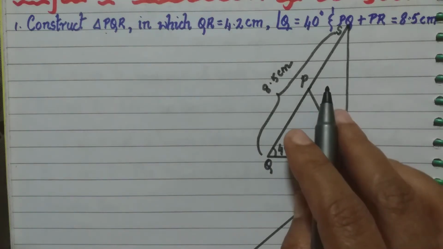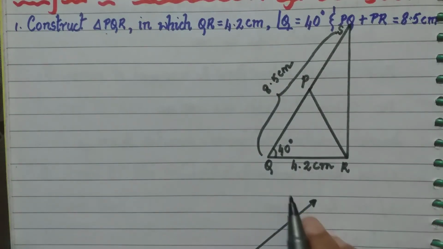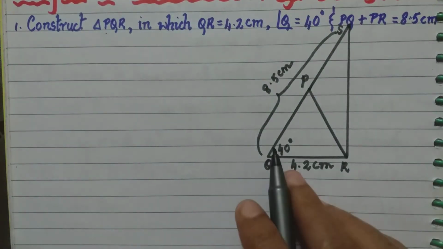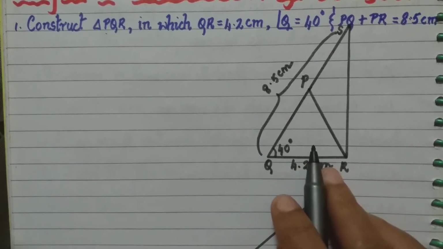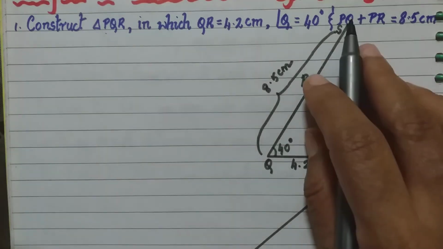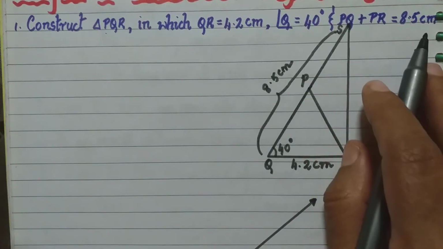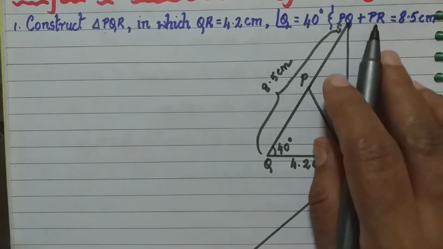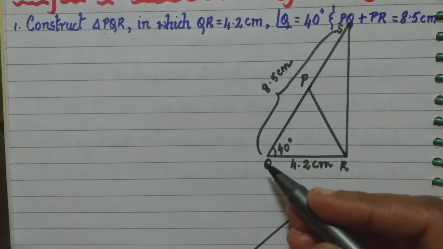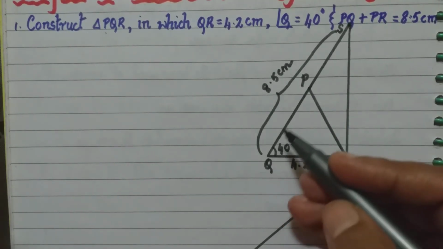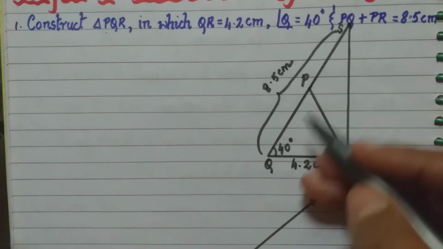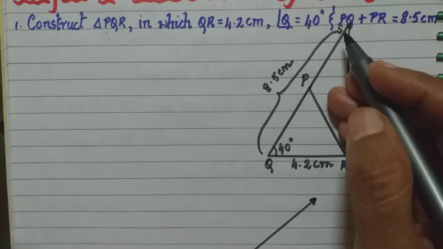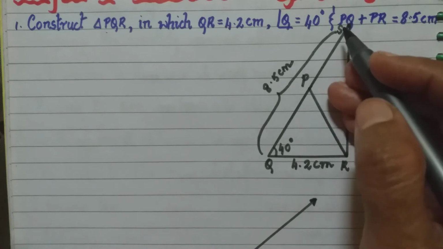First, draw the rough figure of a triangle. We write the length of the base, write the measure of the angle adjacent to the base. Now this what is given to us, PQ plus PR is 8.5 centimeter. We find the distance from Q along this ray of 40 degrees and take 8.5 centimeter.